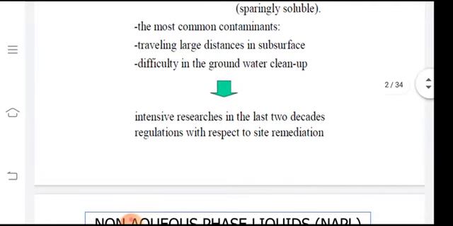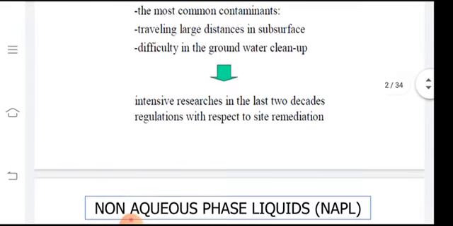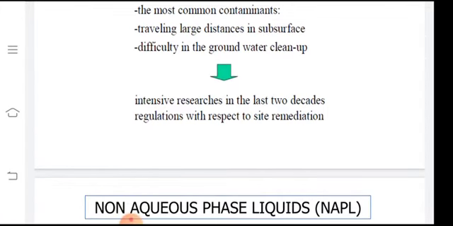The most common contaminants in these issues are normally the polychlorinated biphenyls. This is a category of compounds that have persistence in their nature. They will not be easily degradable under any conditions.